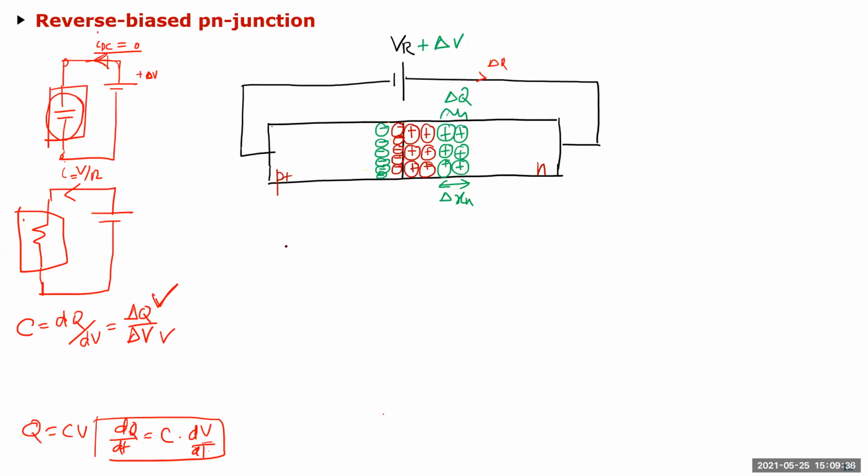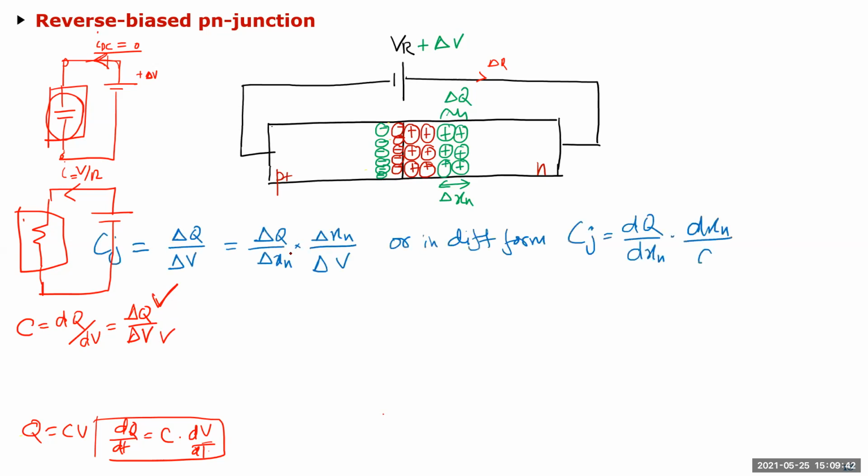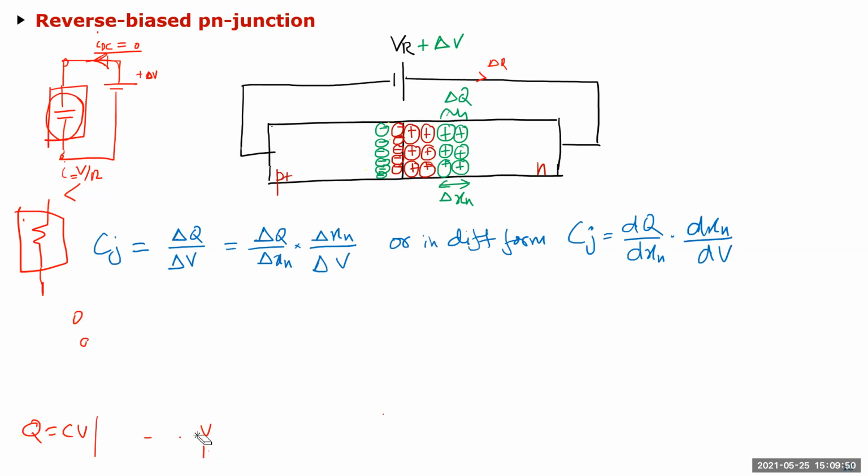And this is where we are going to use the expression we described last time. Okay, let me clean this up a little bit. I call this quantity CJ because in every literature you'll find it called CJ. It's basically the junction capacitance, that's why it's called CJ.